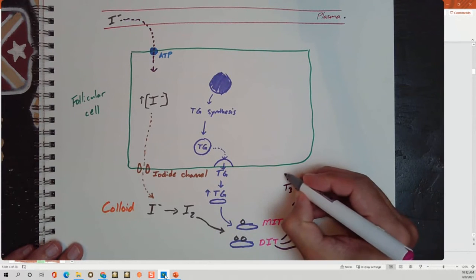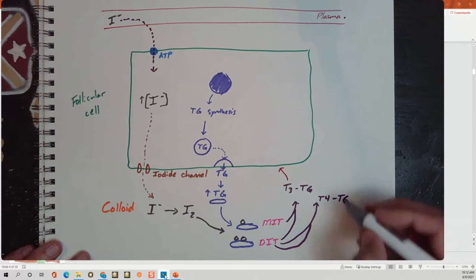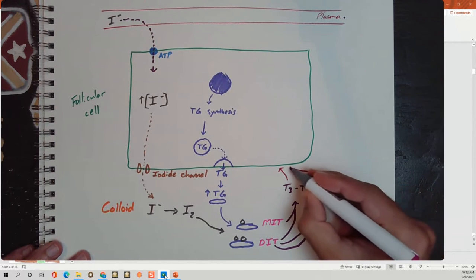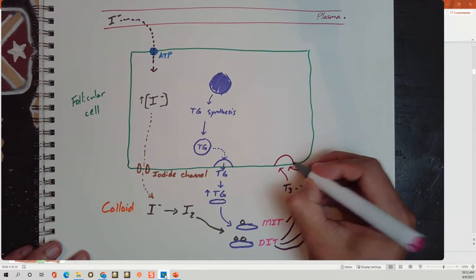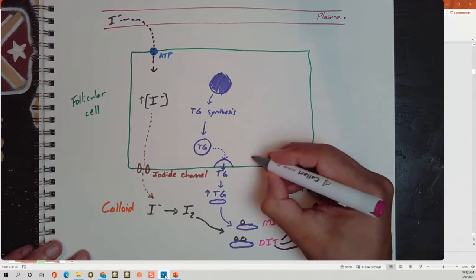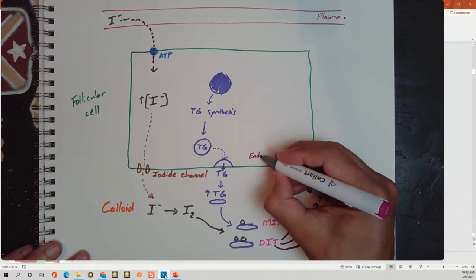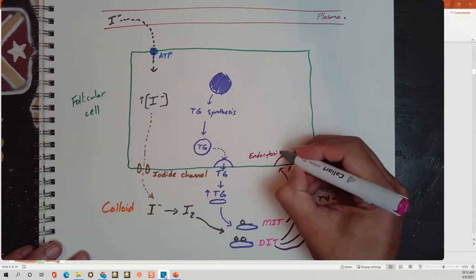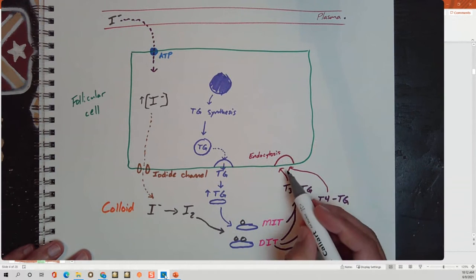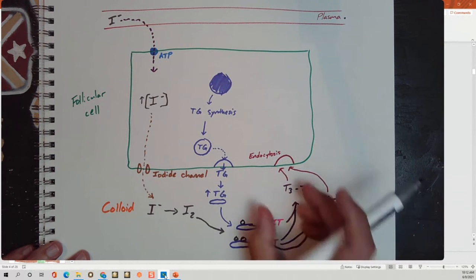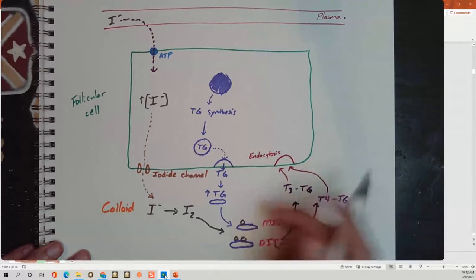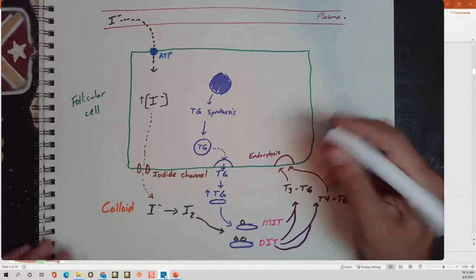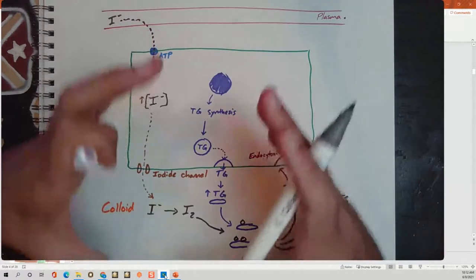We're going to take these, T3, still bound to thyroglobulin, T4, still bound to thyroglobulin, and we're going to go through a process of endocytosis. These proteins bind to the cell membrane. When they do, it causes the cell membrane to pucker into this vacuole shape, and this moves in this direction, and it's basically going to create a bubble.